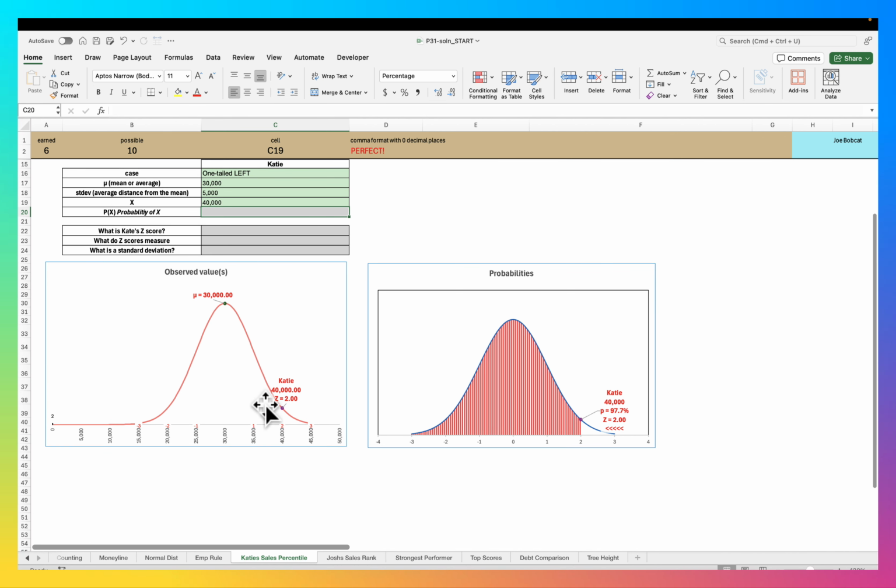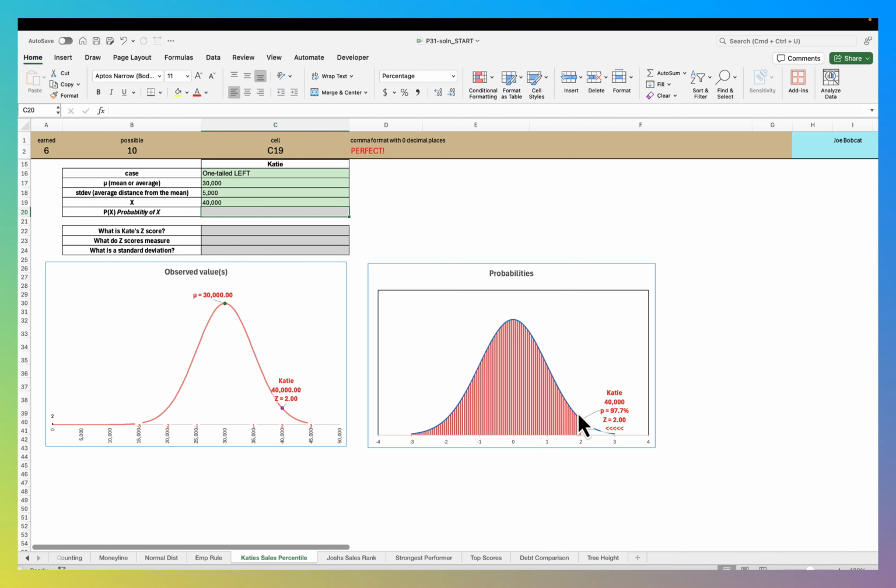Well, we can already see it here. These graphs build automatically in the background as you complete this up here, which is kind of cool. And we can see Katie here. Here's Katie at 40,000. Her z-score is 2.0, which means she's 2 standard deviations above the mean. So for this one, we actually could have used the empirical rule because it falls right on a standard deviation border. And here's the mean of 30,000.